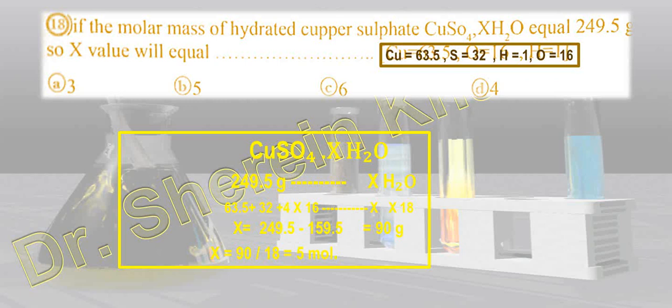We will divide the result over the molar mass of water, 18, and so the number of moles of X in the hydrated copper sulfate will be 5 moles. We are going to another question, number 19.